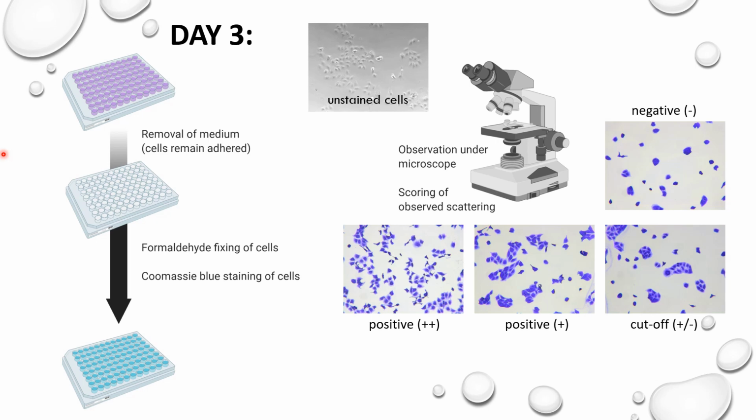So the next thing we want to do is fix the condition as it is now. So you want to have the cells more visible, and that's something we can do with a Coomassie blue dye, but we don't want to change the morphology or lose the cells by treating them. So the first thing we do is we get rid of the medium.